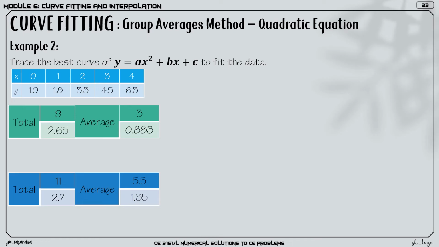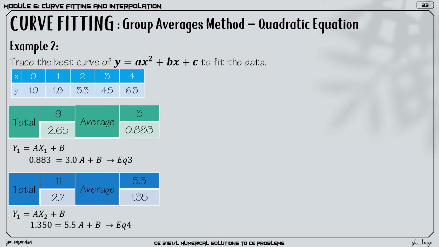From our average values, we can now take the equivalent linear equation of the given points, y equal to ax1 plus b, which is 0.883 equal to 3a plus b, representing equation 3. And from the second group, we have equation 4, which is 1.35 equal to 5.5a plus b.